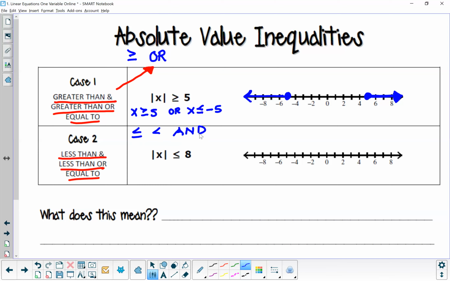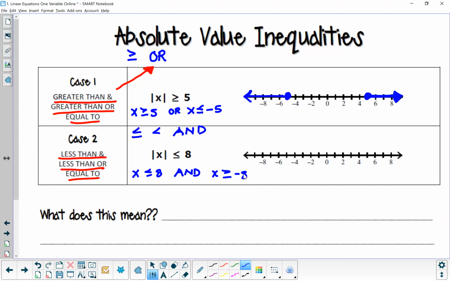So in this case, I'm going to skip the guessing and checking and just go straight to writing these separate inequalities. We have x is less than or equal to 8 and x is greater than or equal to -8. Those are our two inequalities.